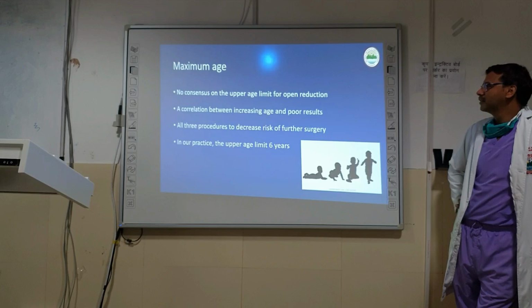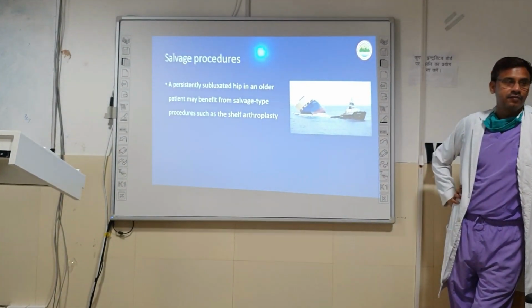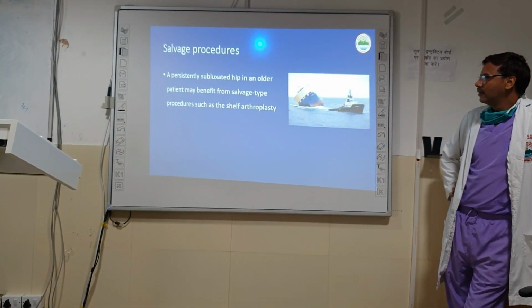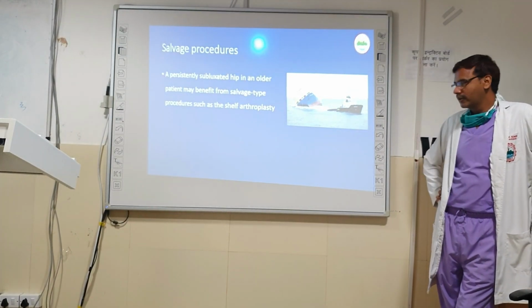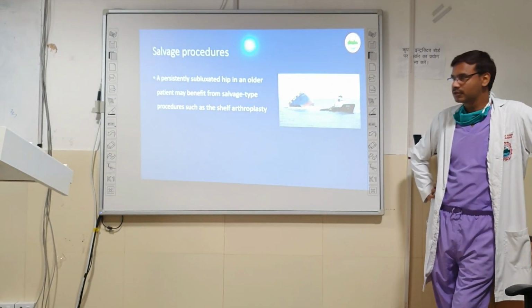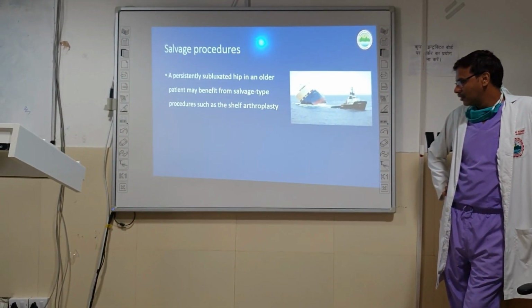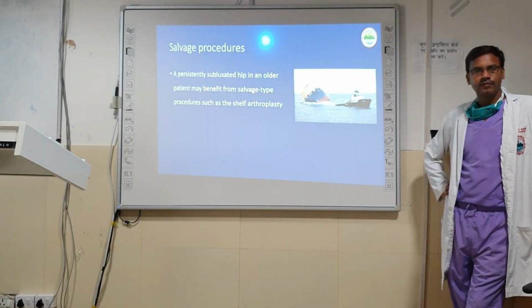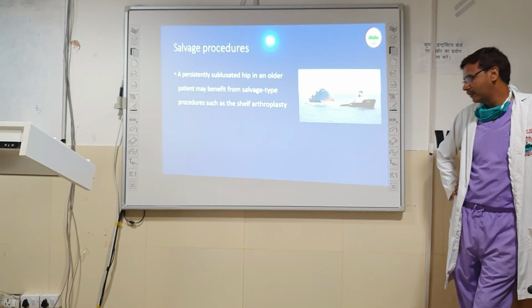Next, what are the salvage procedures? Sometimes you may require salvage in conditions like a persistently subluxated hip in an older child. So here comes the role of the shelf arthroplasty, shelf acetabuloplasty.